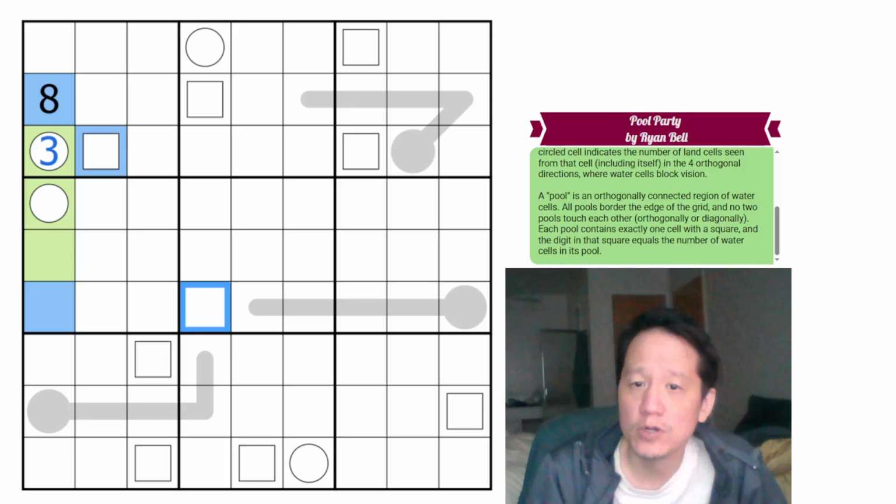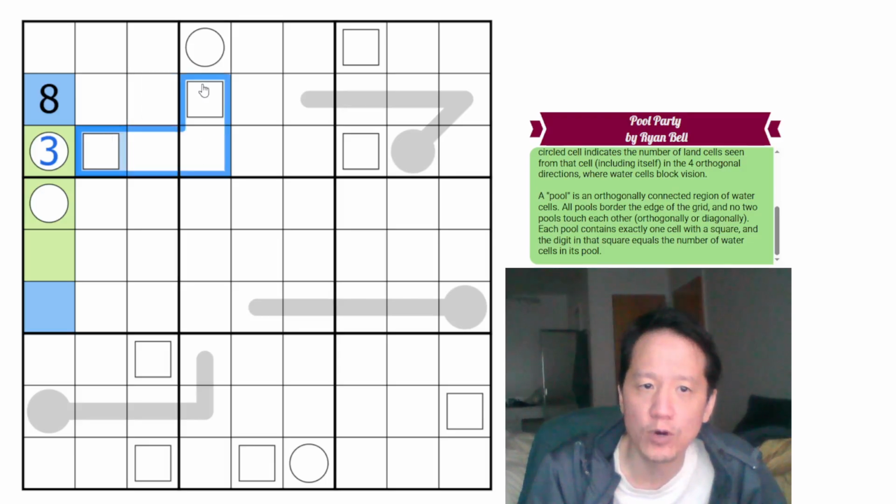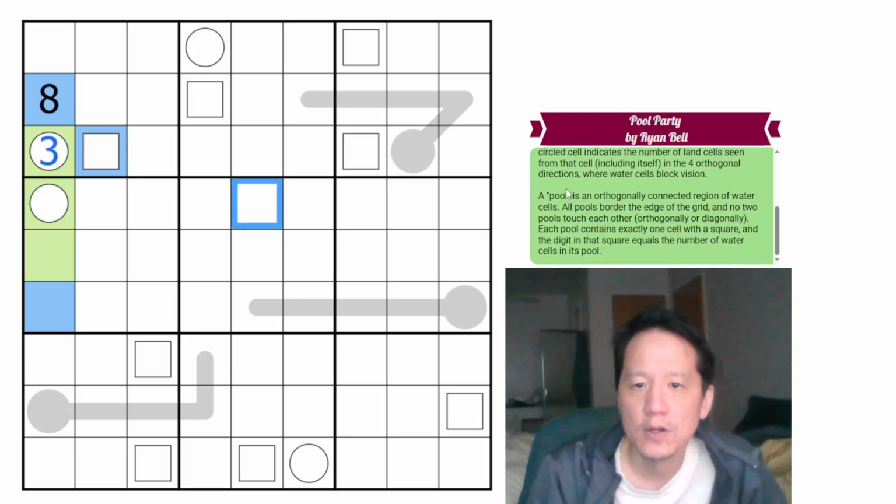A pool is an orthogonally connected region of water. So again, by orthogonally connected, that means it must be sharing an edge with another water cell. All pools border the edge of the grid, so they must touch the edge of the grid.